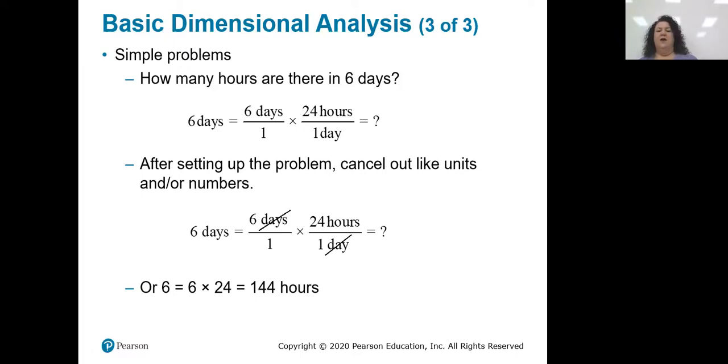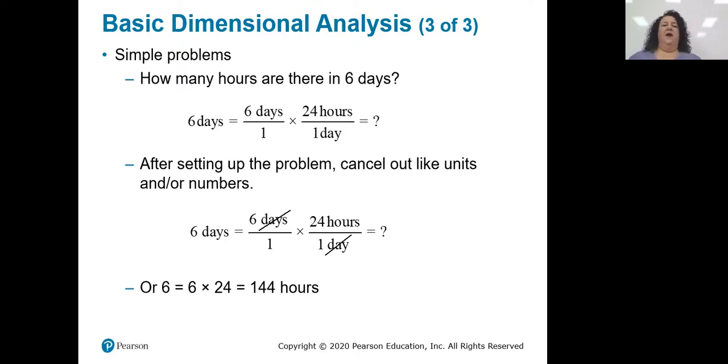They've also canceled out day where it was underneath the 24 hours. That was intentionally written as 24 hours over one day, so that we could cancel out days, because the question asked how many hours are in 6 days. So you need your answer to come out in hours.